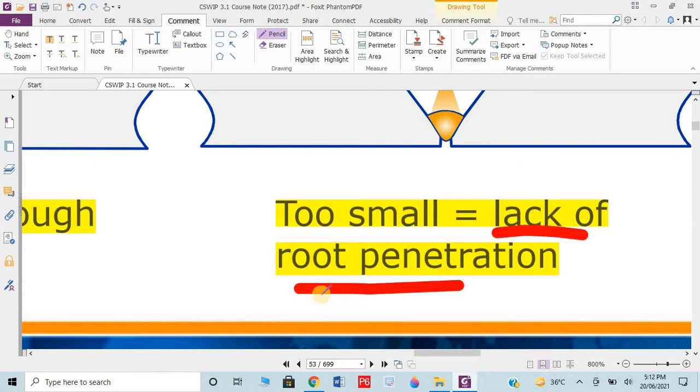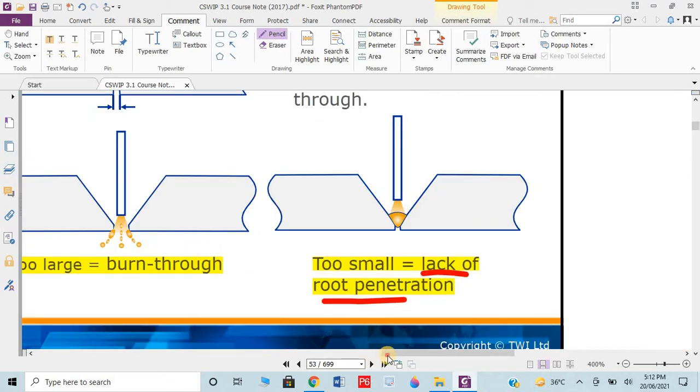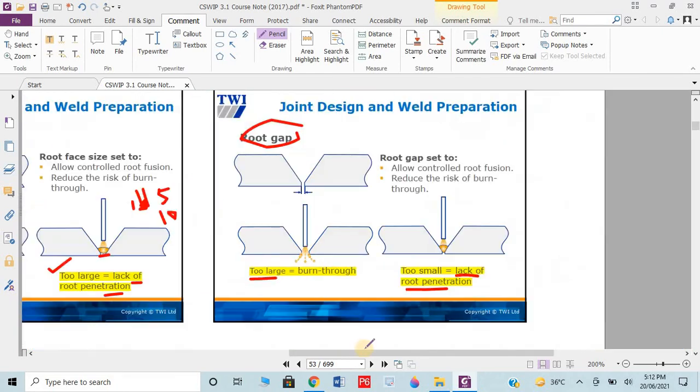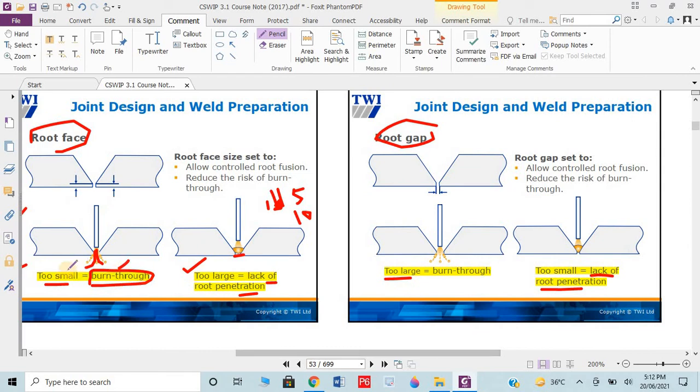But if you have more root gap, meaning more area where the electrode and flame can easily pass through outside, then it becomes burn through. Now compare both things. If the root face is too large, then lack of penetration. If the root gap is too large, then burn through, right?